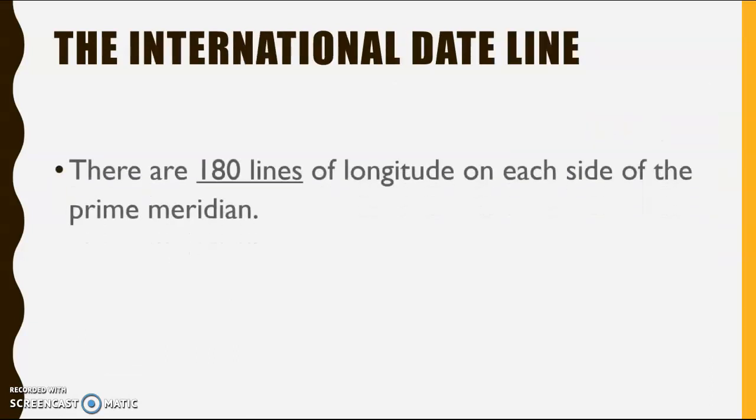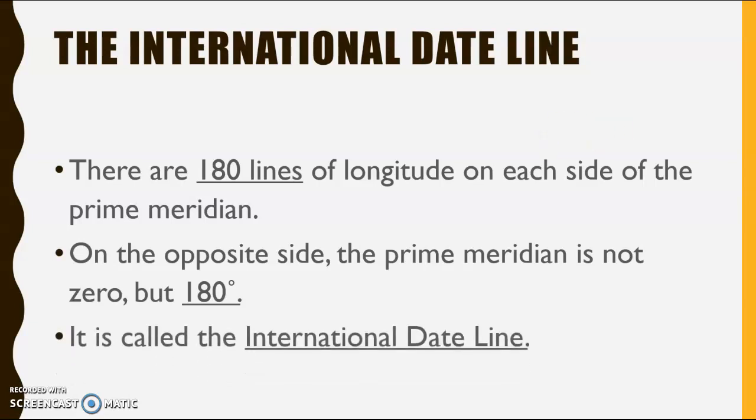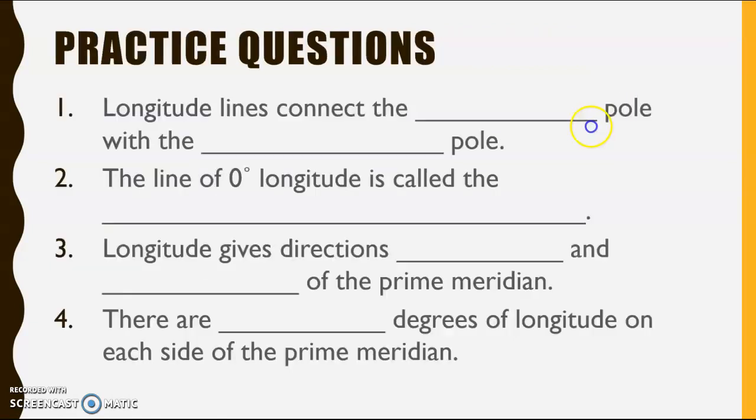There are 180 degrees of longitude on each side of the prime meridian. On the opposite side, it is not zero, but 180. It's called the international date line. So the prime meridian is zero, and the international date line is 180.